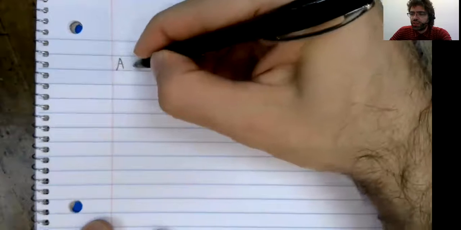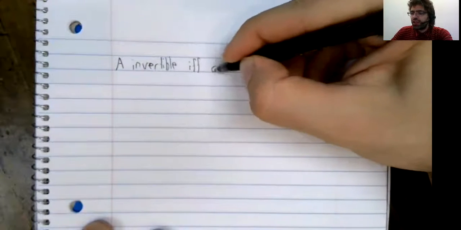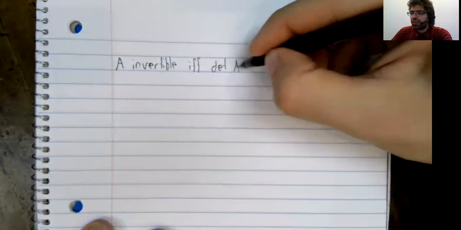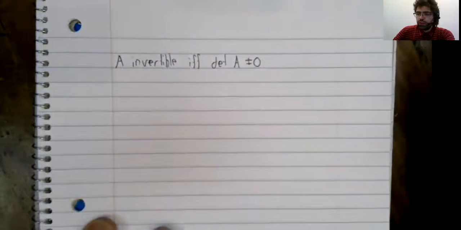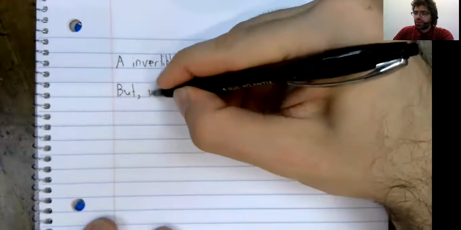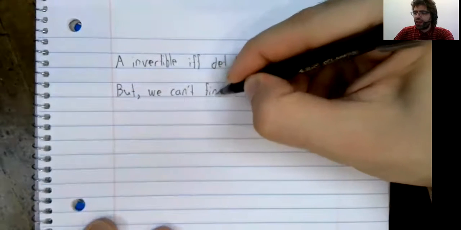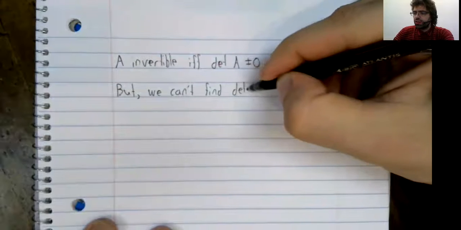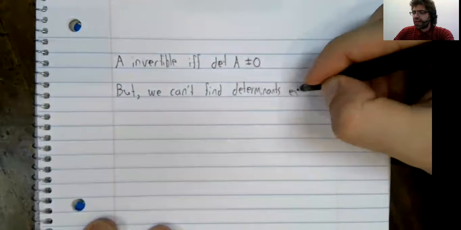Our primary theorem of this section is that A is invertible if and only if the determinant of A is non-zero, but we can't find determinants exactly.